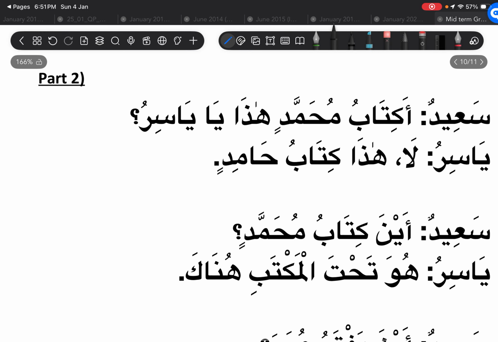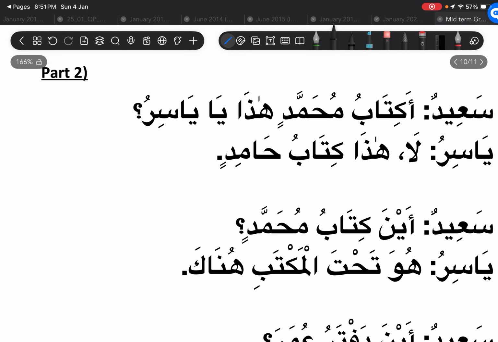سعيد, أكتاب محمد هذا يا ياسر. أكتاب محمد. Maximum of you got this wrong, and I don't know why. This is a case of possessive statements. أكتاب محمد هذا يا ياسر.